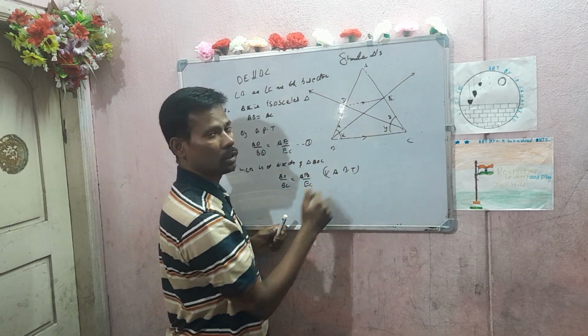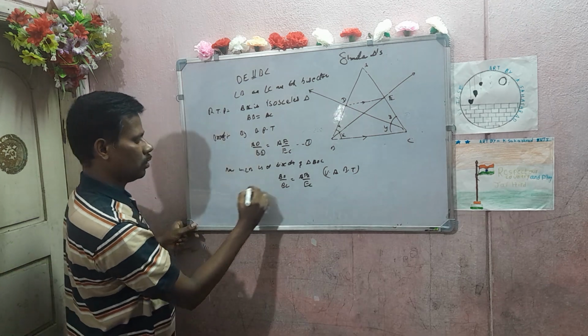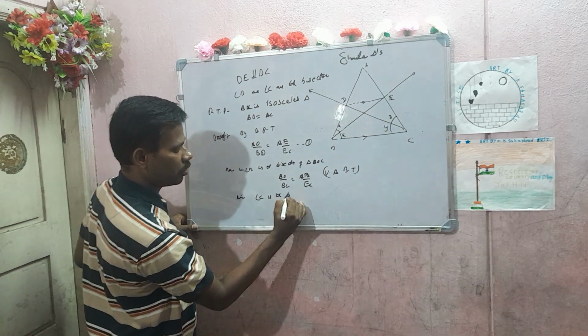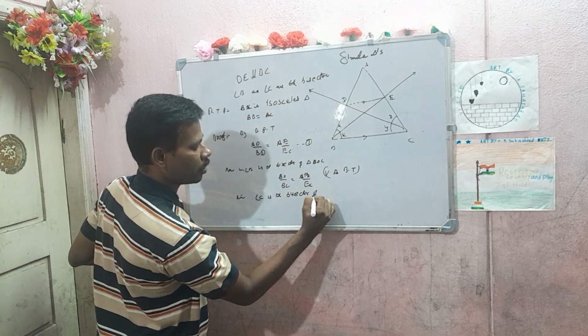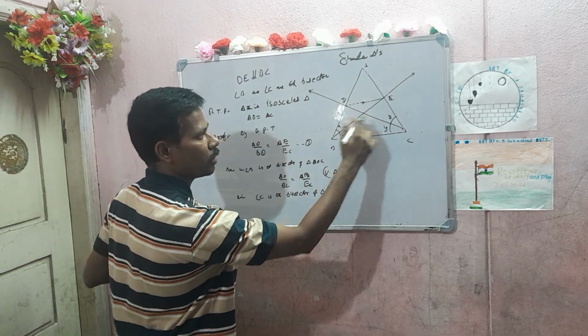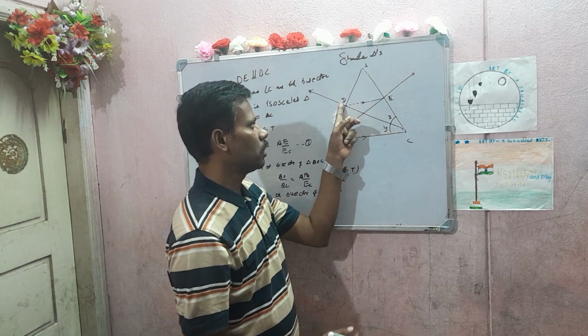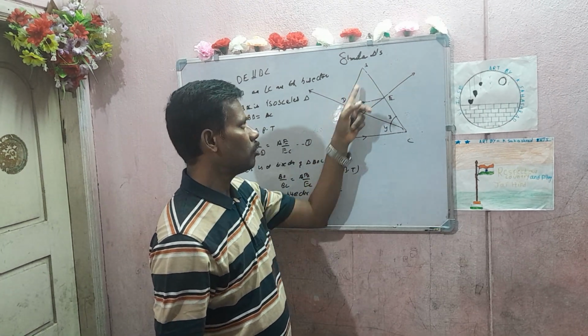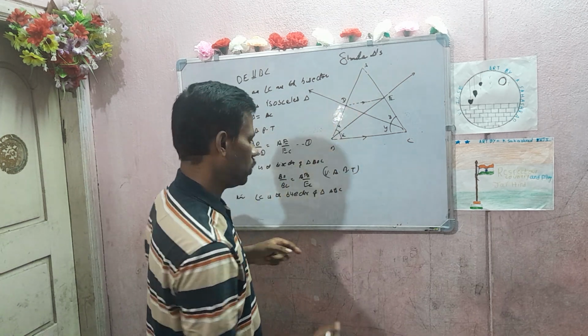Now consider this one. Angle C is the bisector of triangle ABC. What does the vertical angle bisector theorem say? The bisector of the vertical angle divides the opposite side in the same ratio.